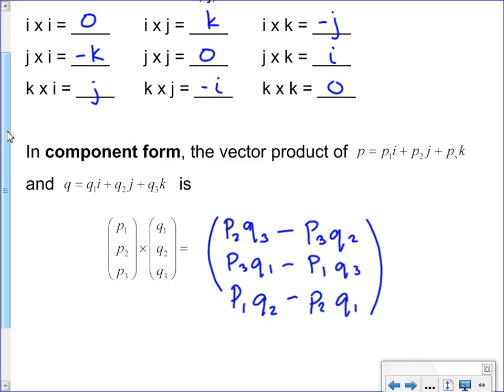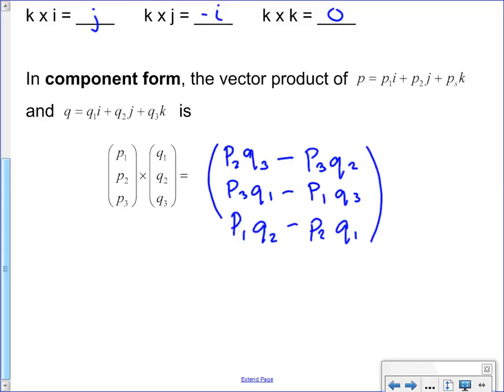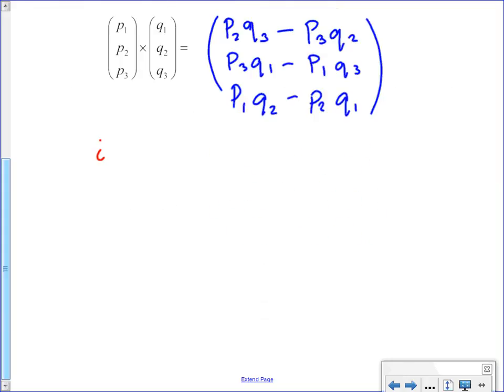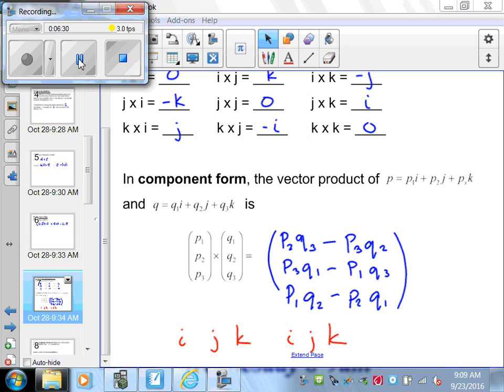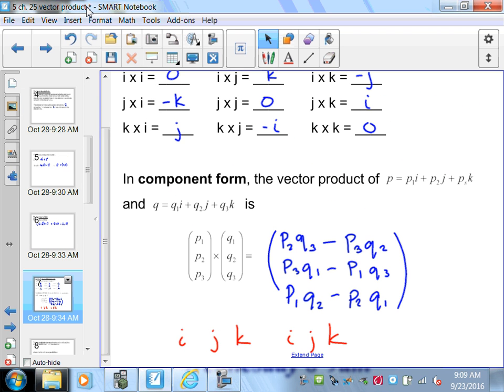So here's what happened. Here's the quick way. If you go i, j, k, oops, let me do this. Hang on. Pause. All right. So here's how they get that without having to memorize all of that stuff.